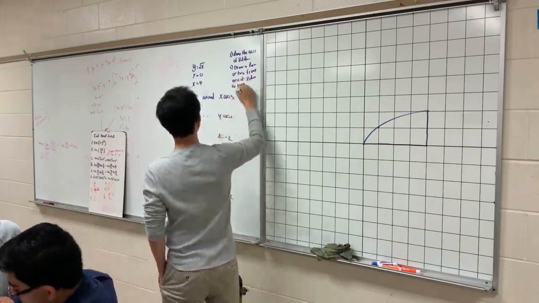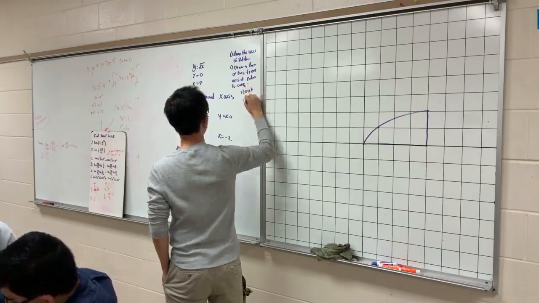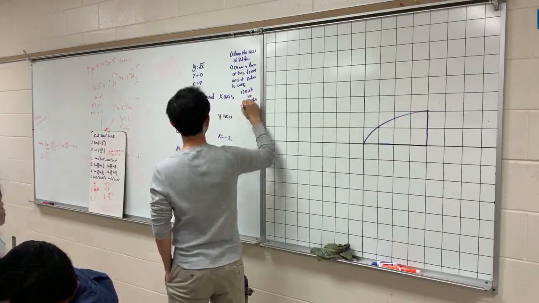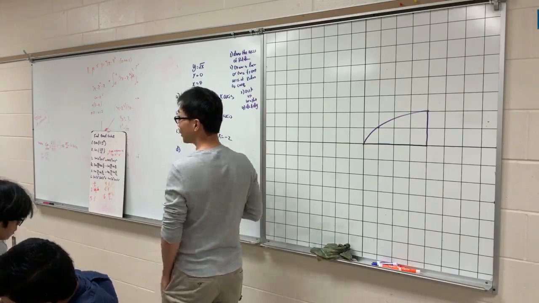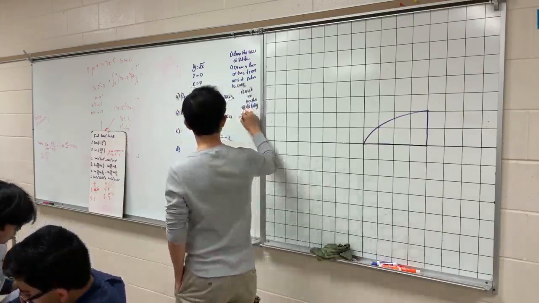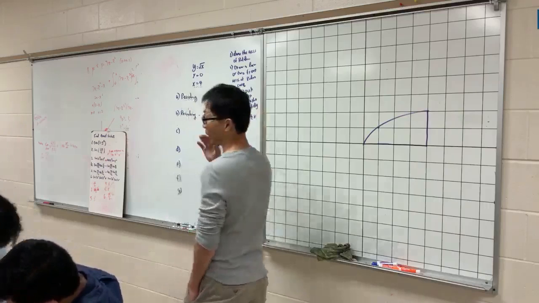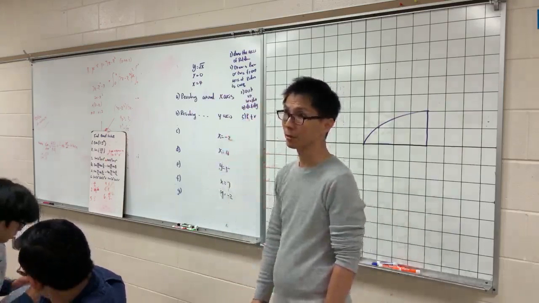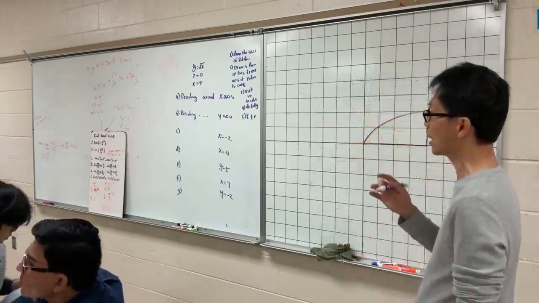Then third, decide whether it's a disc or washer. Four, decide whether it's dx or dy. And then five, figure out r: big R, small r, or just one r. If it's a disc, just big R. Okay, if you go through the steps, you're going to see it much more clearly.